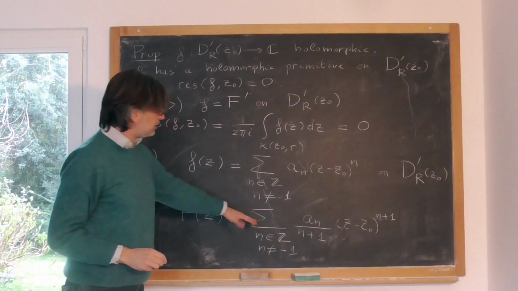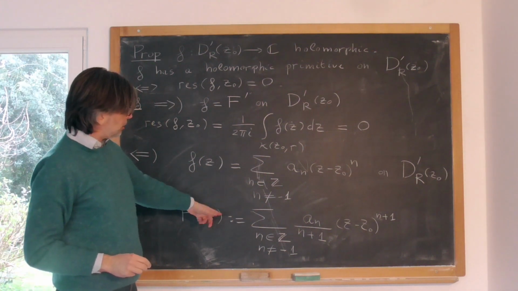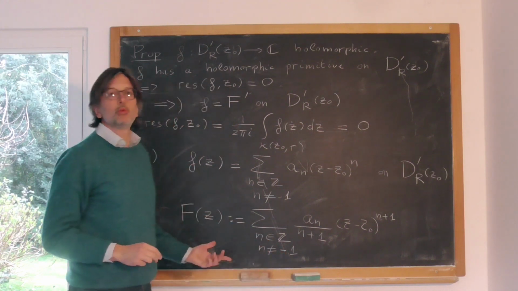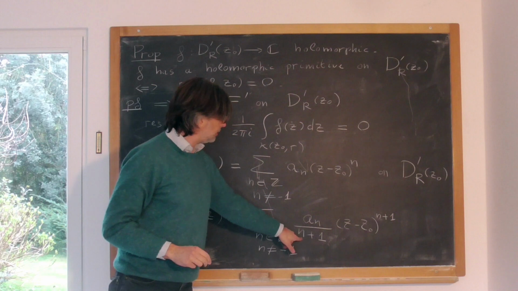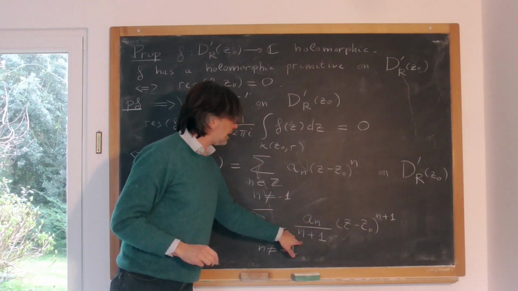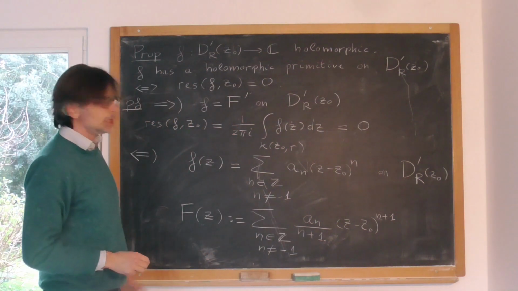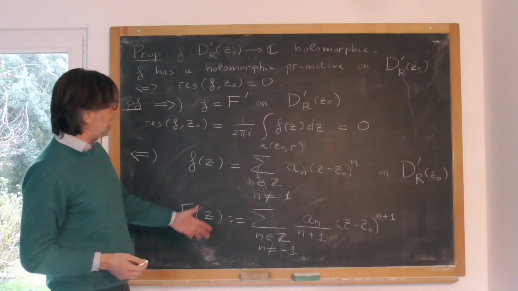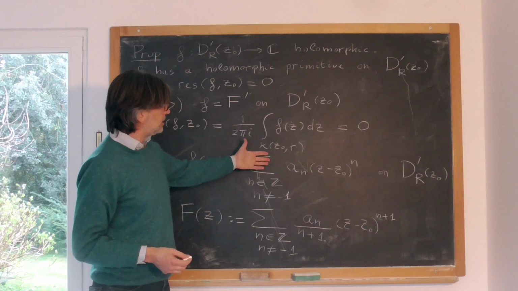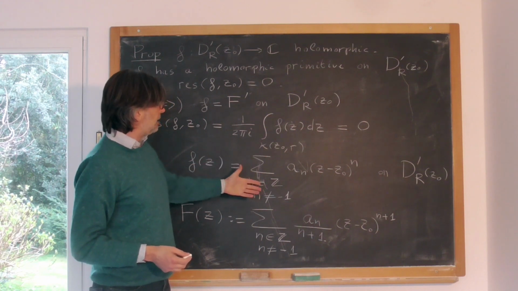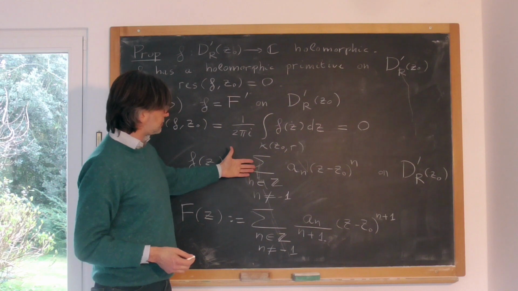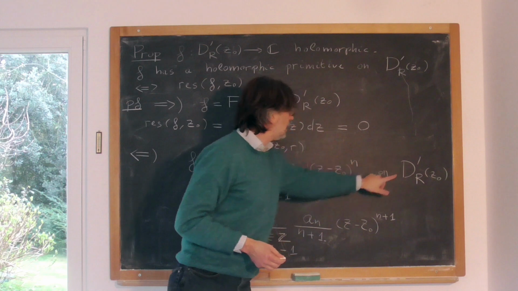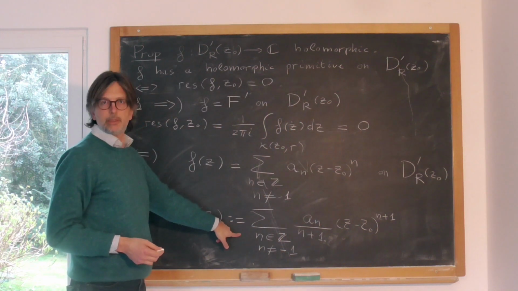So this series, first of all, is well defined because here we're excluding n equal minus 1, which would be exactly the problematic term because here we see a denominator n plus 1, which of course has to be non-zero. So this is a well-defined series, and it's obtained from this series, and you can check easily that since this series was converging on this punctured disk, the same is true also for this series.